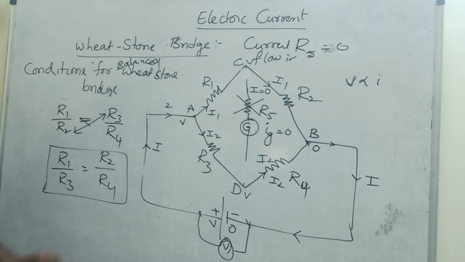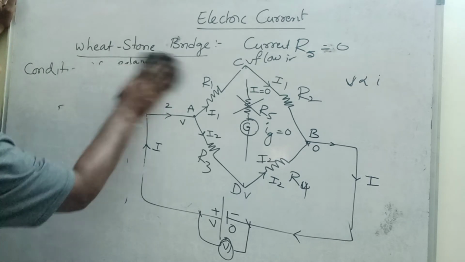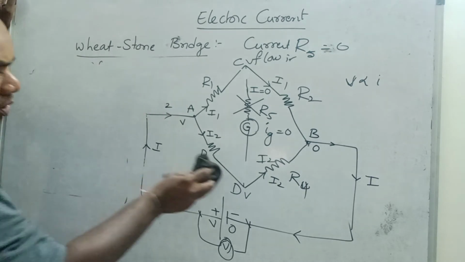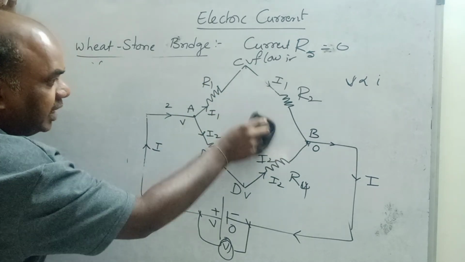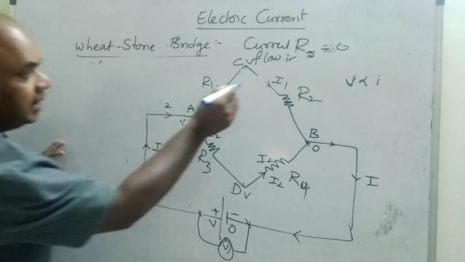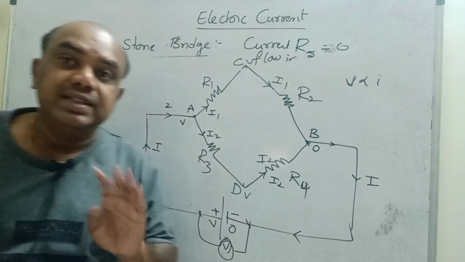Understand, children? Now this is one basic problem we will also see. What will happen if the same current flows through these two resistors? The middle one has no use, so you can eliminate it and remove it. Then the same current is flowing, which means they are in series.